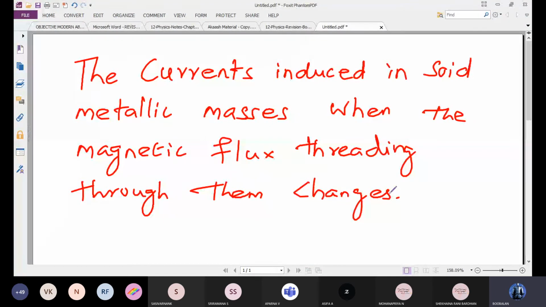How to reduce eddy current: by using a laminated core, like a choke. Inside the old-method tube light, the square box like that, it is called a laminated core.